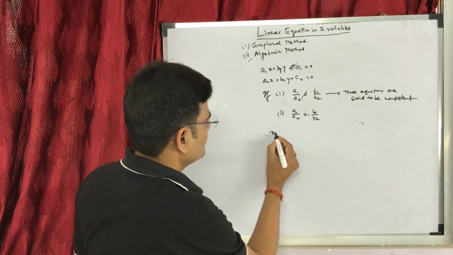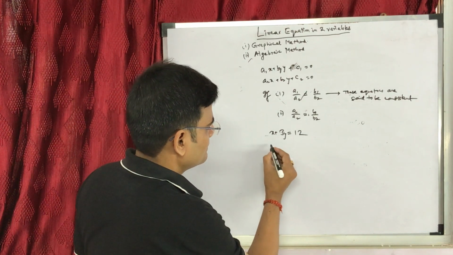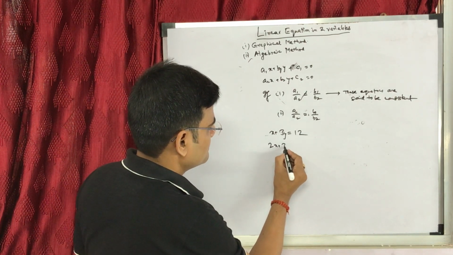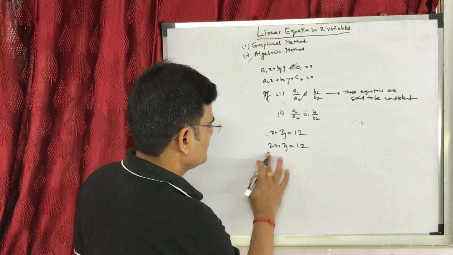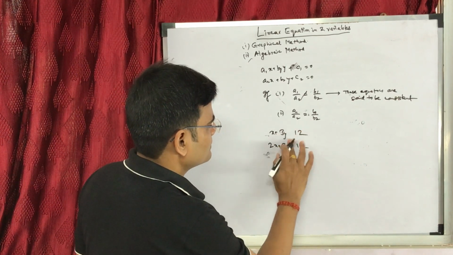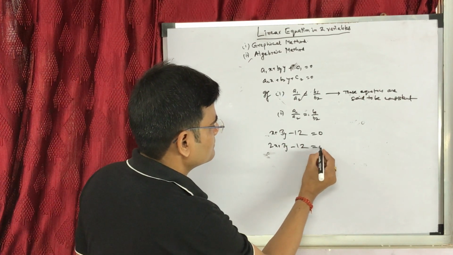So when we solved that problem, x plus 3y equals 12 and the other one was 2x plus 3y equals 12. You bring everything to one side, so it becomes minus 12 equals 0, and this becomes minus 12 equals 0.